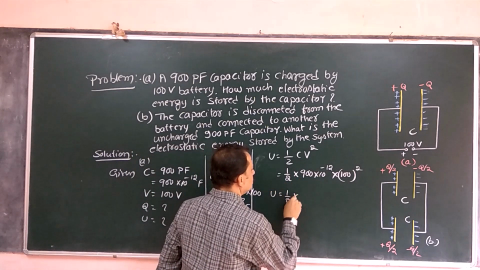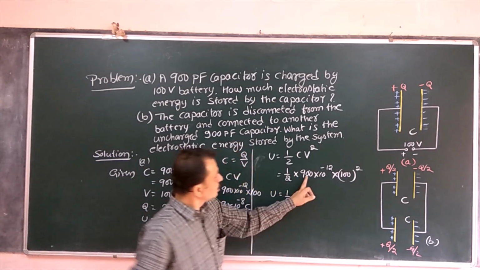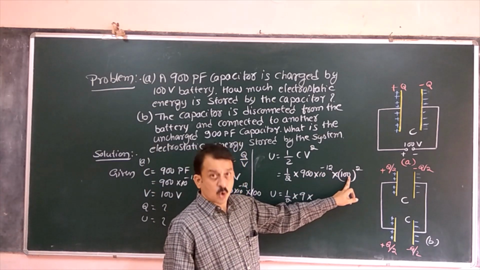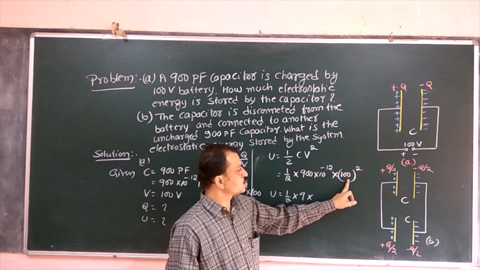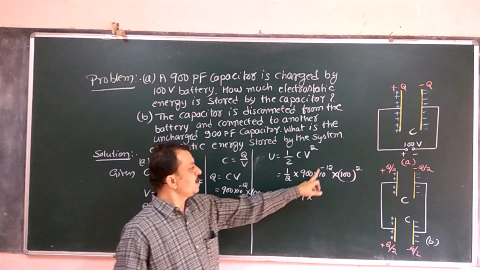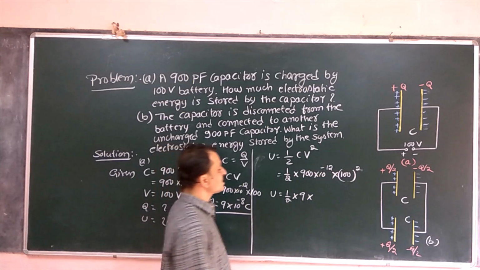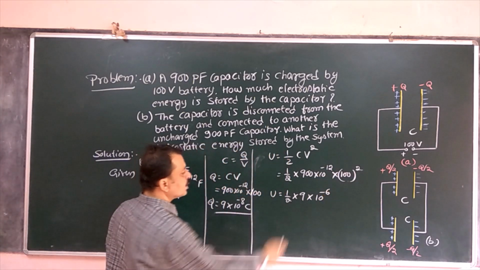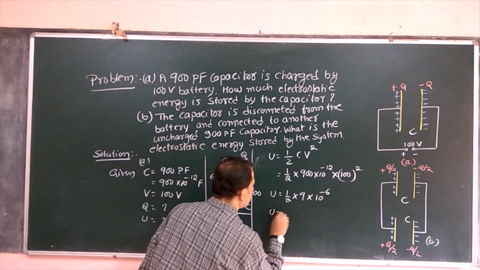So U is equal to half into 9 into 10 to the power of plus 2, into 10 to the power of plus 4, because 10 to the power of plus 2 whole square is plus 4, plus 2 plus 4 makes plus 6, then minus 12 plus 6 gives 10 to the power of minus 6. 9 by 2 is 4.5.